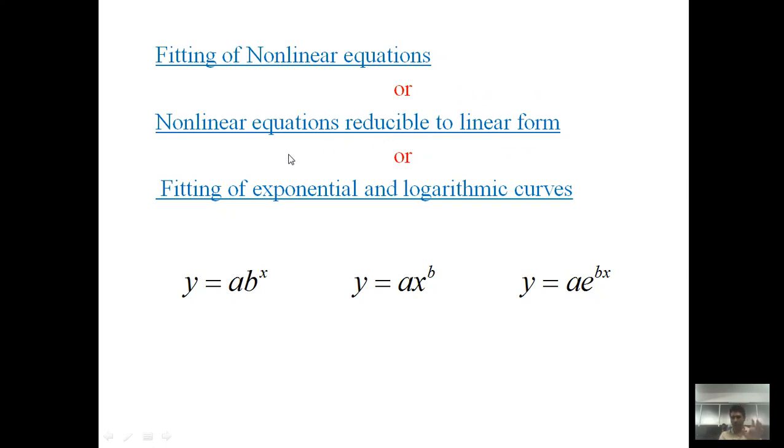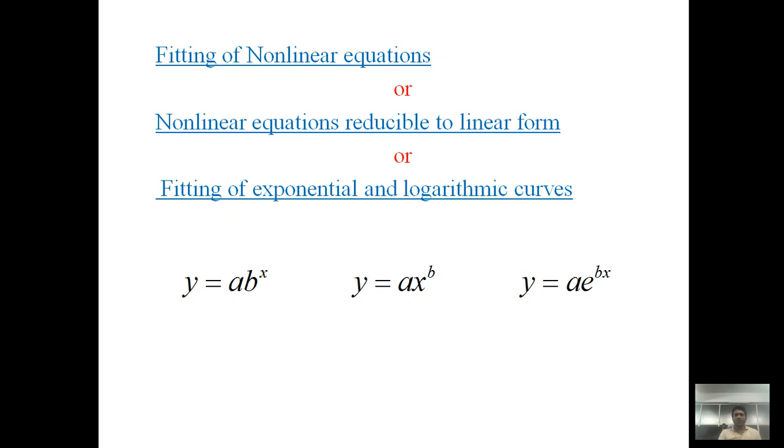It's a nonlinear equation, but we have to apply some transformation. After applying that transformation, our data is reducible to a linear form. That is the beauty of this transformation. Sometimes it is also known as fitting of exponential or fitting of logarithmic curve.